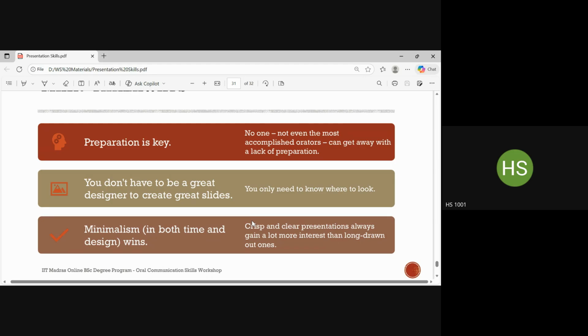If you're not minimal, then it tends to give you more freedom to ramble on about unrelated topics, and whoever is listening to you might not be interested in it. So you need to make sure that you're both minimal in terms of content as well as in terms of slide design.